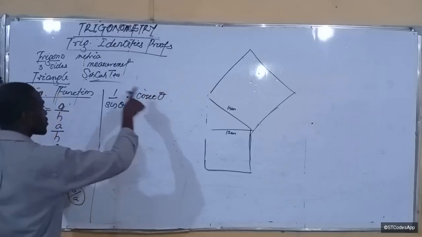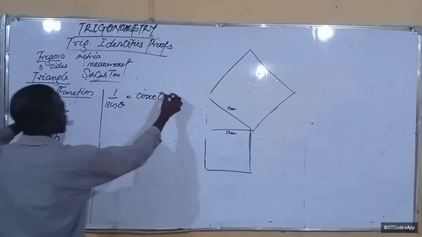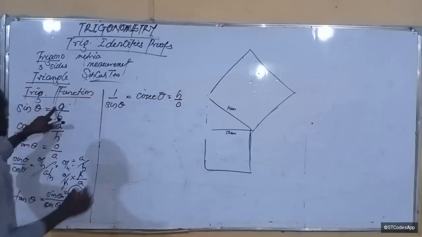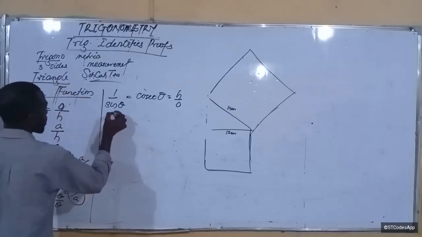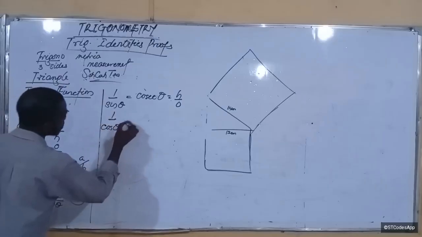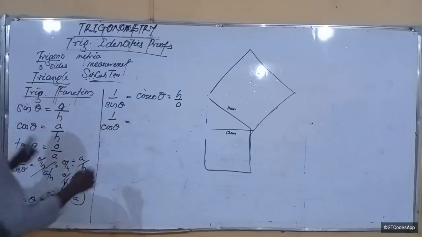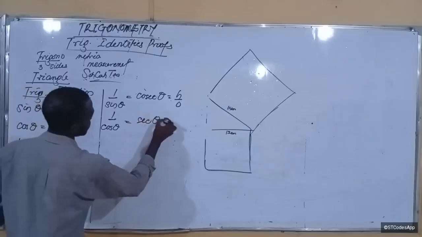So the cosecant of an angle is 1 over sine theta, which will be equal to what? Hypotenuse over opposite. So just invert this, and then you have that. Now what we call 1 over the cosine of an angle is called the secant of an angle, sec theta.